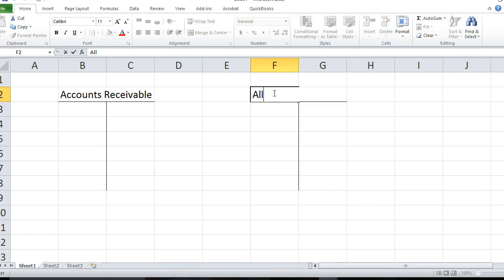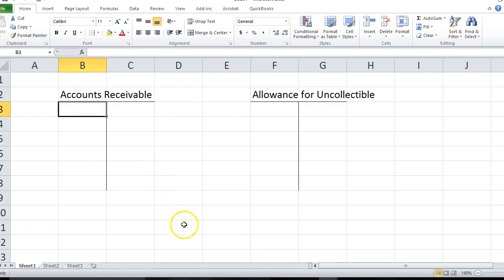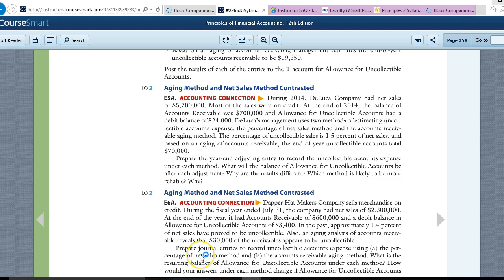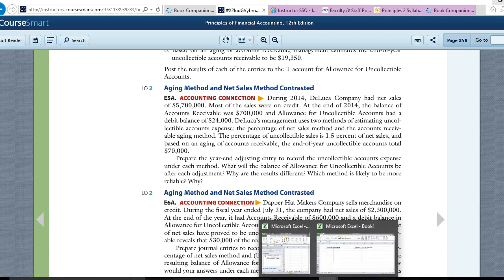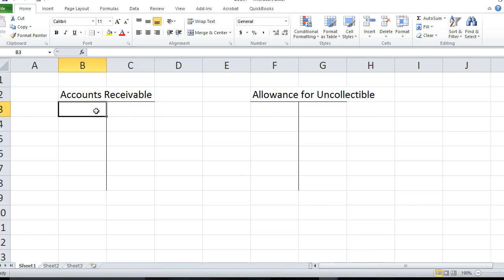This is called allowance for uncollectible. Our accounts receivable had a debit balance of $700,000, and our allowance had a debit of $24,000. See what I'm doing? I'm just putting it in there.